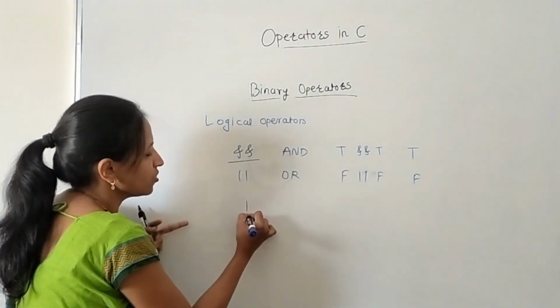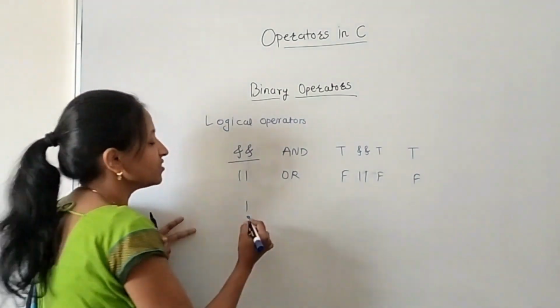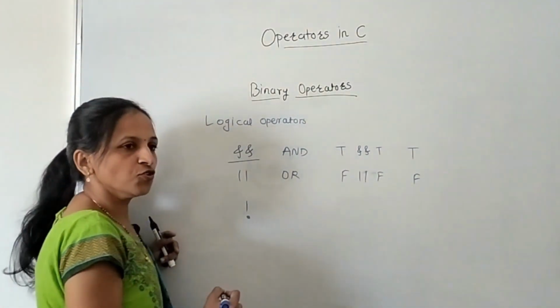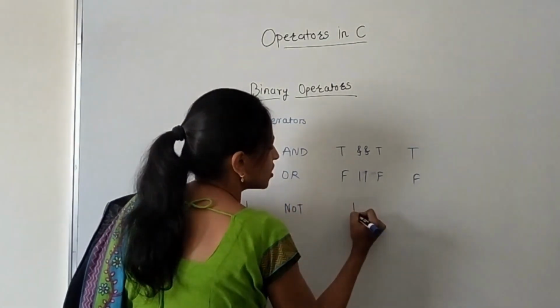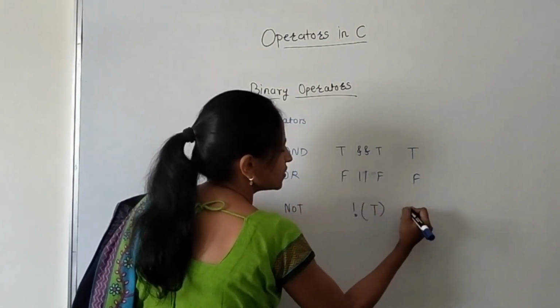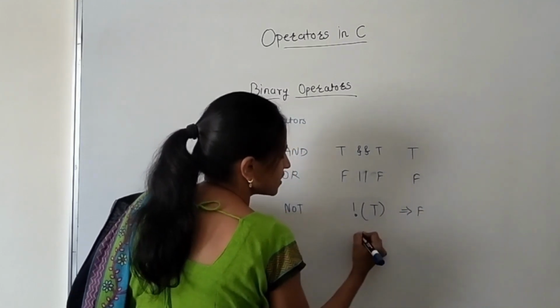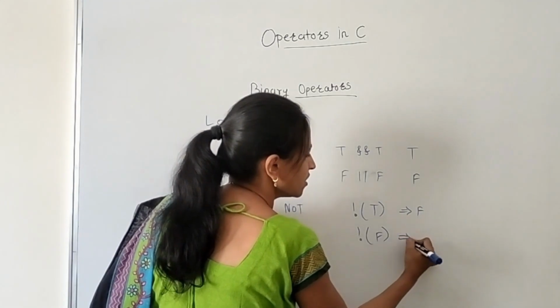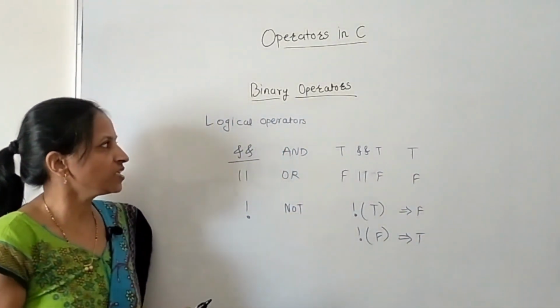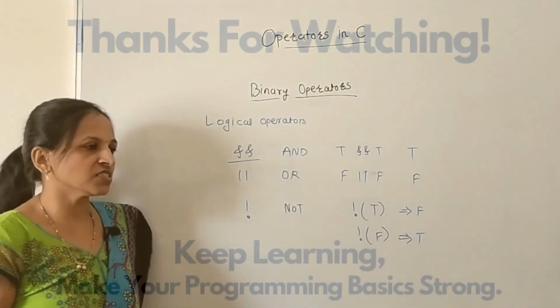And logical NOT is used to reverse the value of that operand. If it is true, then it will return false, and if the operand is false, then it will return true. In this way, these are all the logical operators in C.